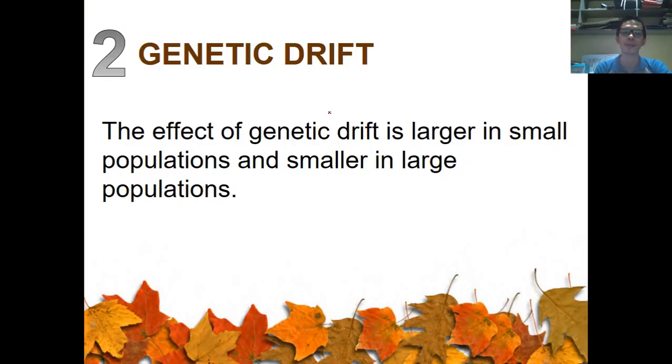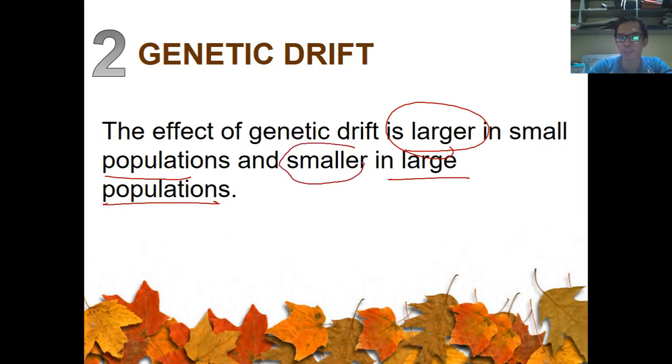Alright, so now to conclude the genetic drift. The effect of genetic drift is larger in a small population. Why? It's because a smaller population has smaller variations of genes. Take note of that one. But in a larger population, the effect of genetic drift is very small. Why?